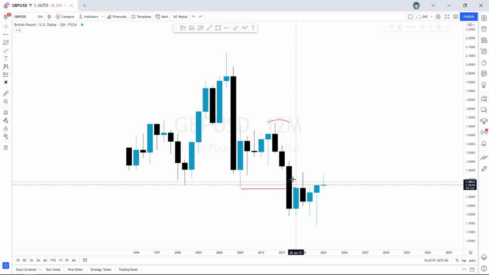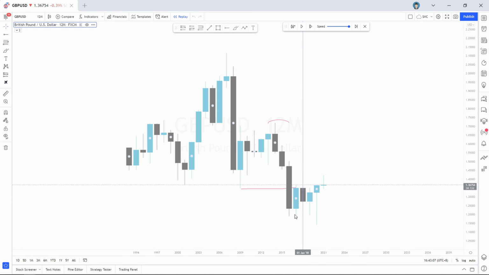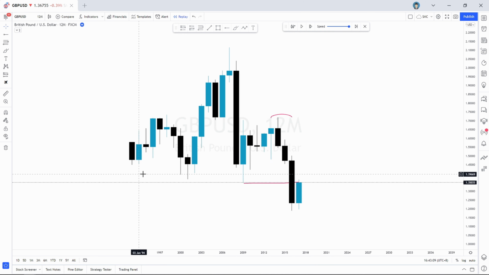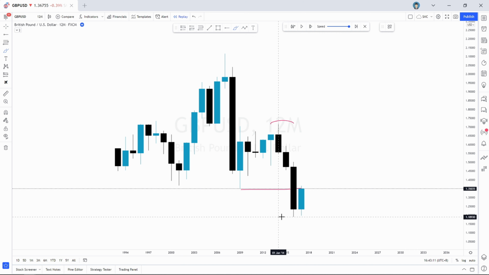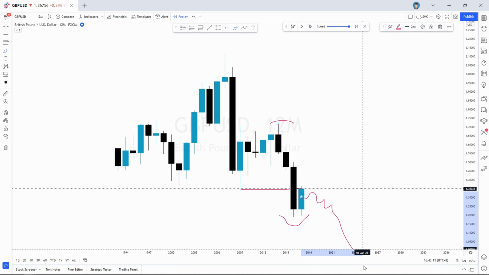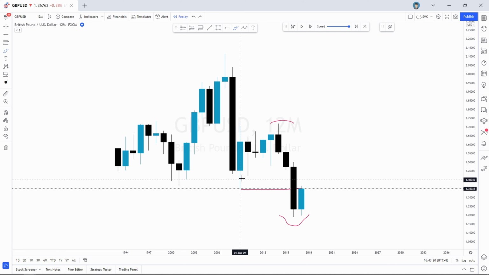And as we can see, as soon as it broke the lower low, we're expecting this to be the new lower low. If you reverse it, let's say price is currently at that moment, we could say this is the new lower low, but we can still see a deeper push down. But as soon as it broke this previous lower low, then we could consider this a valid lower high.